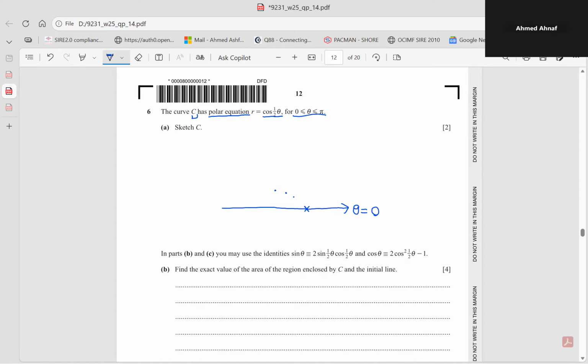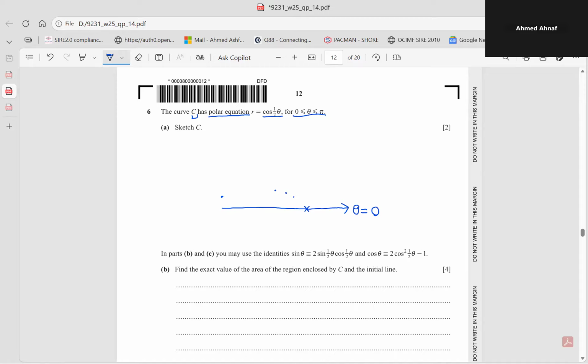And finally pi over 2, or 90 degrees. That's 0.7, which is around here. Actually, I should put it here because it's smaller, so it's supposed to be here.